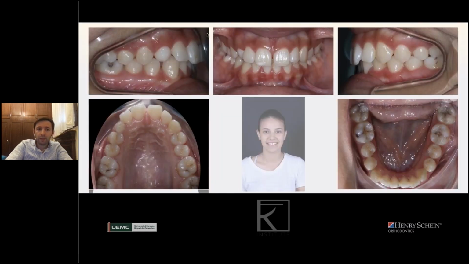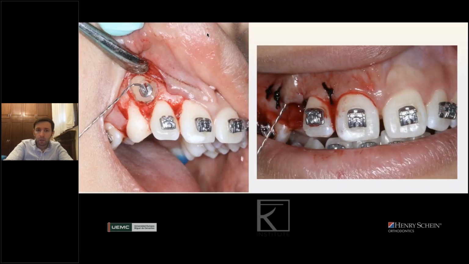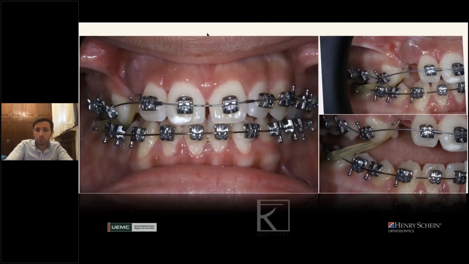But this is really easy to approach. Look at this. From here, we have the possibility to make the traction with this. I have elastics, so why not use elastics here to move the canine to the right position?